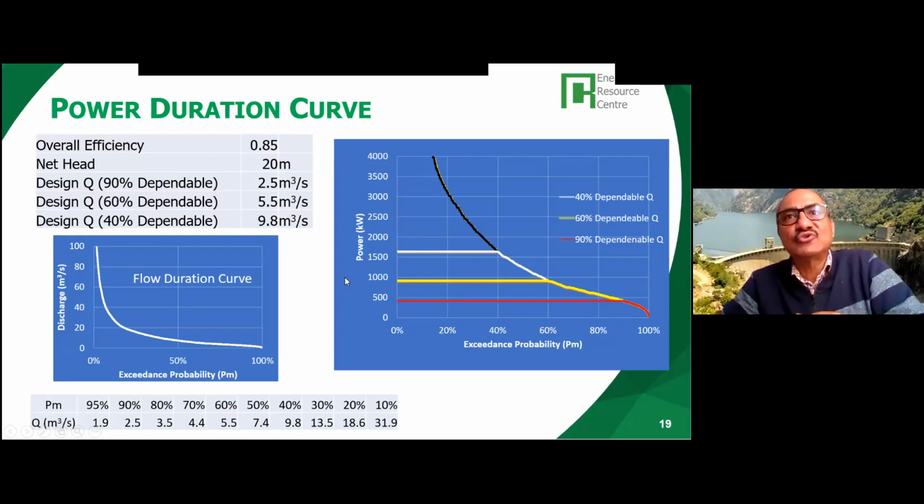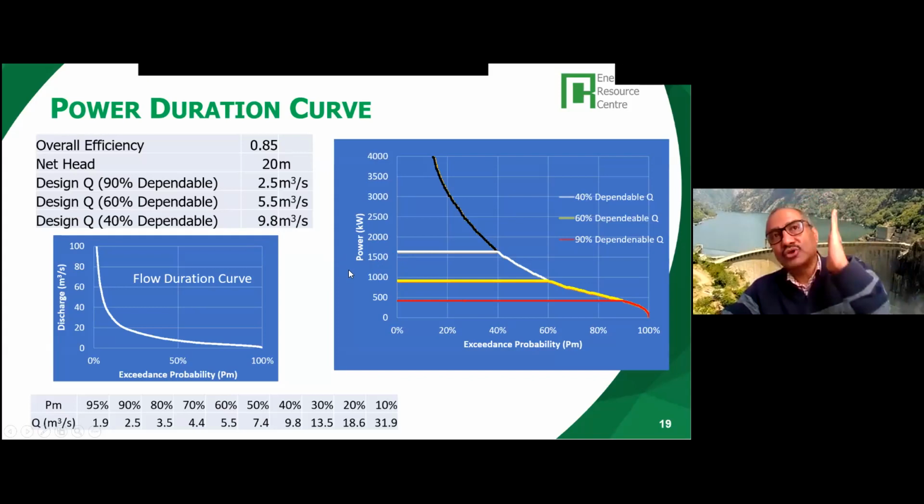Now, if you design for 2.5, the installed capacity will be less than 500, about 400-something, 385 kilowatt. If you use a 5.5 design discharge, it will be almost 900-something. If you use 9.8, it will be about 1600-something.